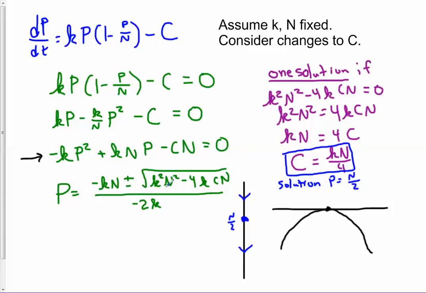That, of course, will happen if we get a negative under the square root, so that nothing exists here. It's the same algebra, but with a less than 0, right? And remember I flipped the left and right hand side over here, so actually at this point it would be greater than. C would be greater than kn over 4. So we will have 0 solutions if C is greater than kn over 4.